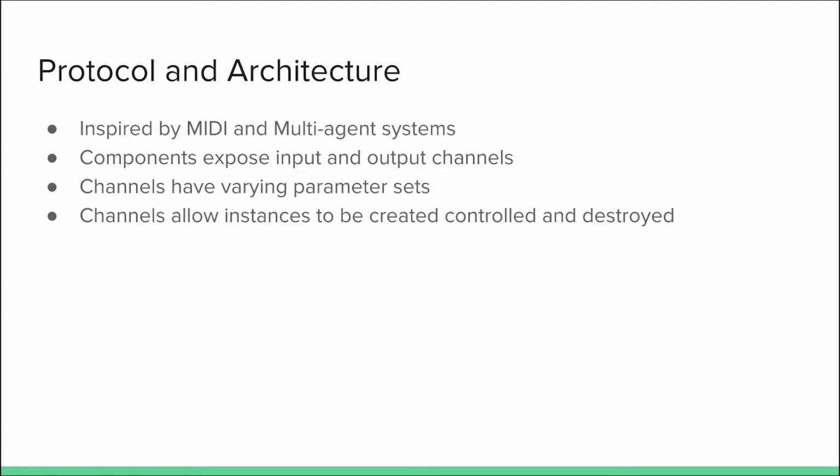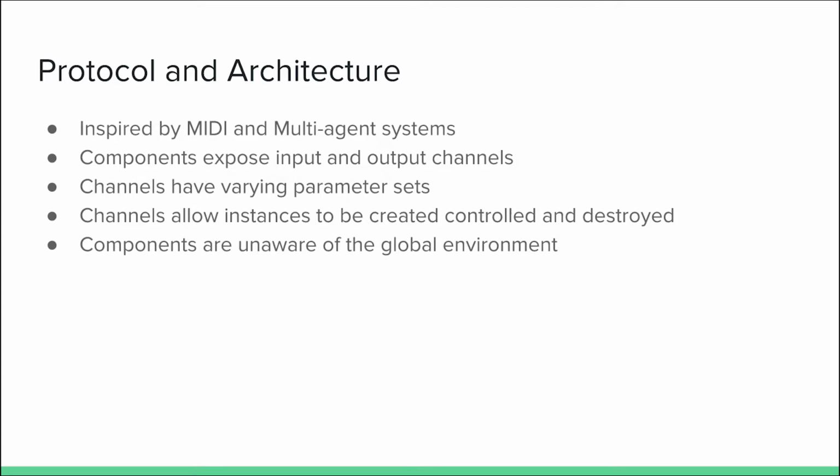Now, a crucial aspect of components is that they are unaware of the global environment. That is, they don't know about other channels and other parameter sets available on other components in the network. They are only aware of their own inputs and their own outputs, and they respond to control data sent to the input, and they perform the analysis required to generate the descriptors that they then send through their outputs.